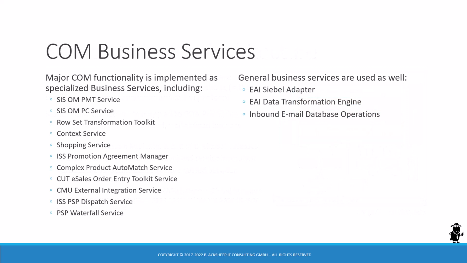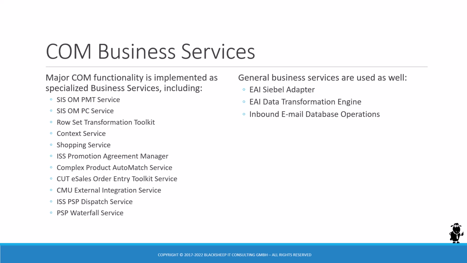Now, the one building block that we have discussed in the former slide is business services. Now, the Siebel repository provides us with literally hundreds of business services. There are well over 1,400 business services to be found in a modern Siebel repository, and many of these business services are related to the generic data exchange or enterprise application integration, or very specific functionality, for example, customer order management.